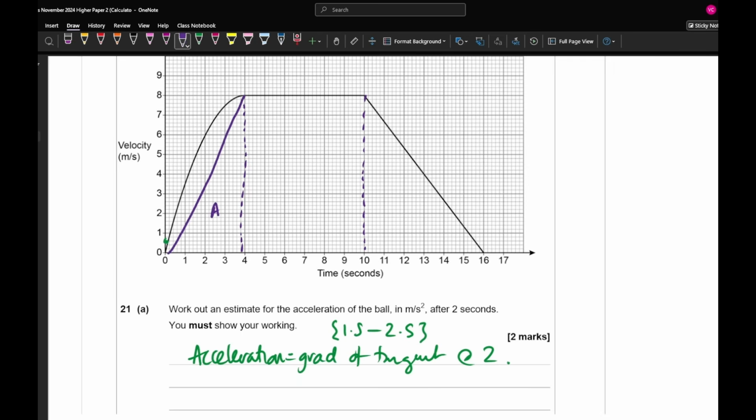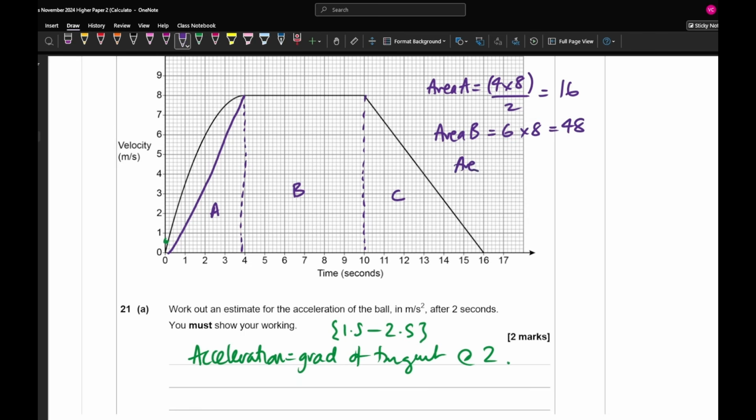If I call this area A, this area B, and this area C, then area A, which is a triangle, is going to be 4 times 8 divided by 2, which gives me an area of 16. Then if I work out area B, which is a rectangle, and it's got a base of 6 and a height of 8, that's going to be 48.